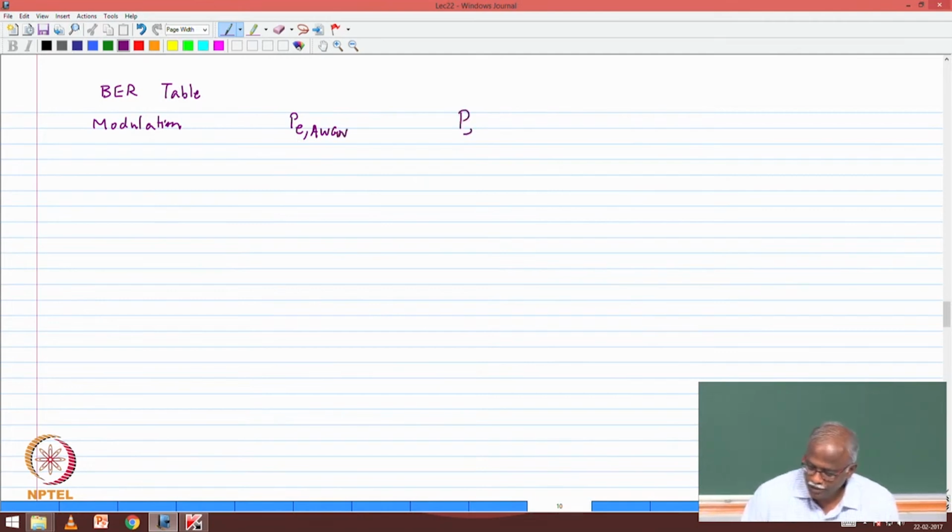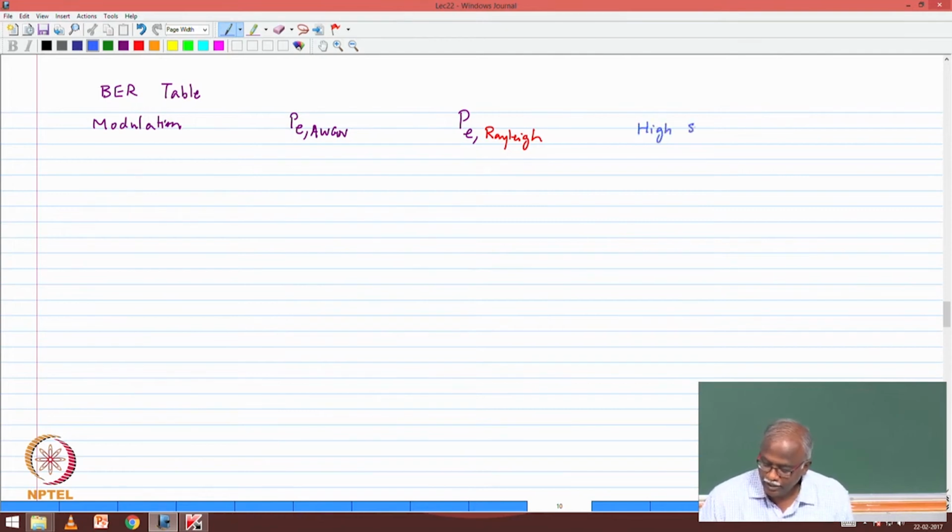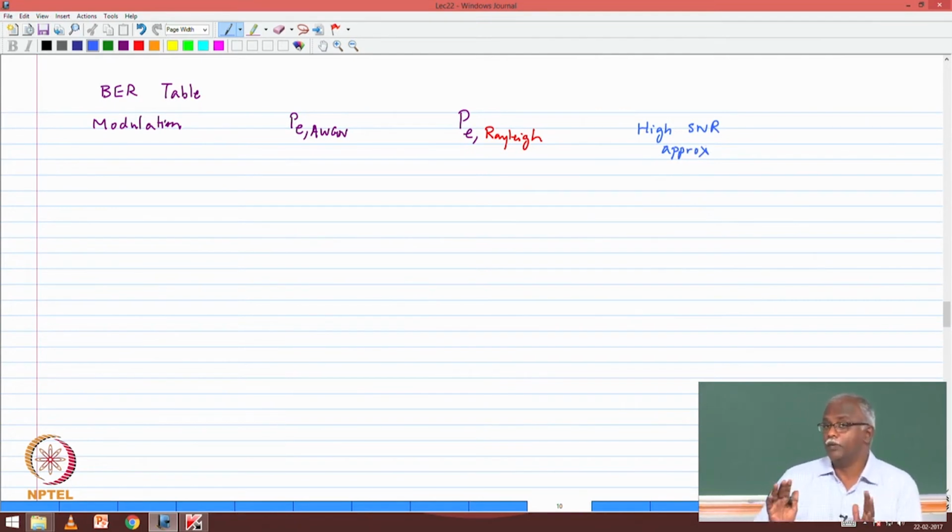The third column is the probability of error in Rayleigh fading. We have not talked about any other, so I will write it in red. And the last one is the asymptotic analysis, the high SNR approximation. What we are going to do is write down this table, which will cover all the modulation schemes that are binary.